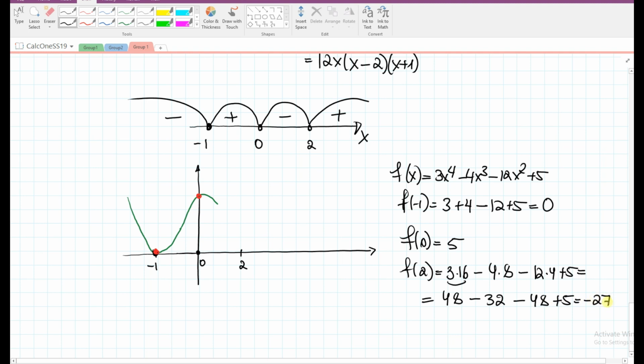Did I calculate correctly? Did you calculate this as well? You need to check me. So 48 minus 32, and 48 will cancel each other. This is correct, right? Okay.